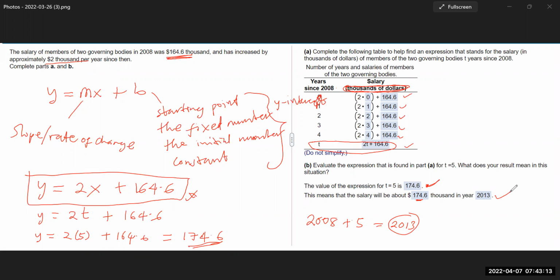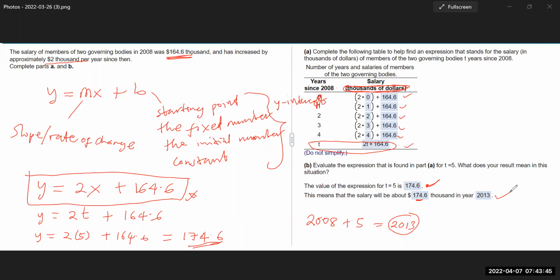So that is how you solve this problem. When you get a problem like this, know that you are dealing with linear modeling. For linear modeling, y is equal to mx plus b. m stands for the slope, which is the rate of change, and b is your y-intercept. At the y-intercept, your x is equal to 0. The y-intercept stands for the starting value, the fixed number, the initial number, or the constant.